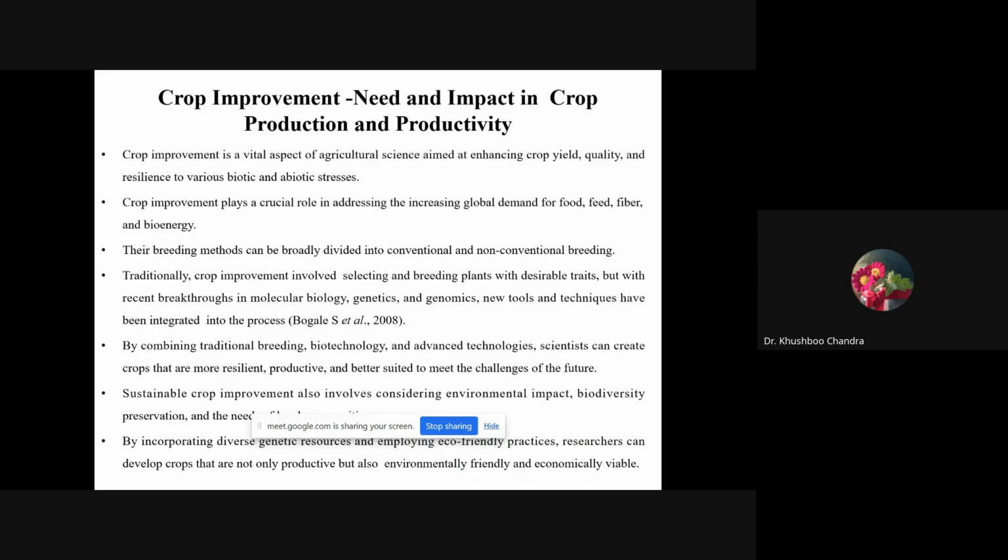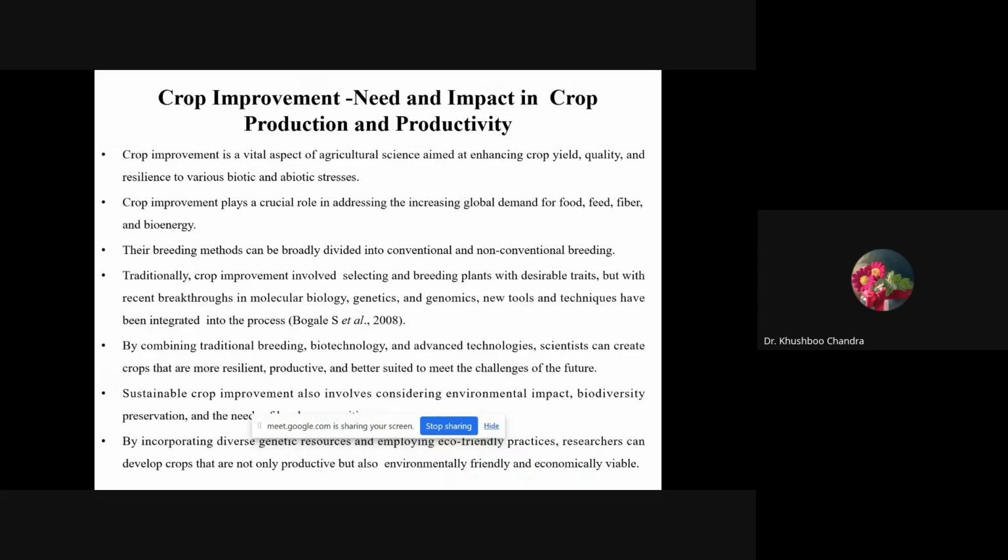Crop improvement is very essential, as I told you, to meet the rising demand for food, feed, fodder, fiber and bioenergy. Through different techniques of crop improvement, we can get improved varieties, which ultimately help farmers achieve higher productivity even under stress conditions, whatever the stress may be. Either biotic stress, which includes pests and diseases, or abiotic stress, for example drought and salinity.